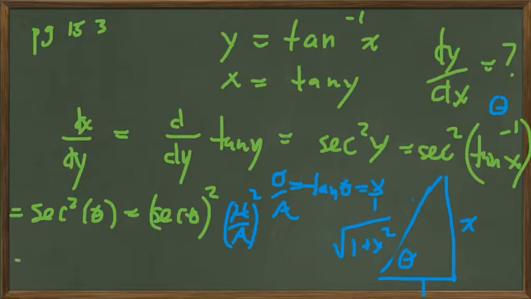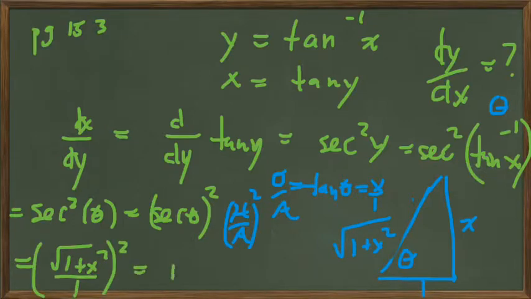And so the hypotenuse is this, and the adjacent is 1, and we're squaring that, so we get 1 plus x squared is what dx dy is.